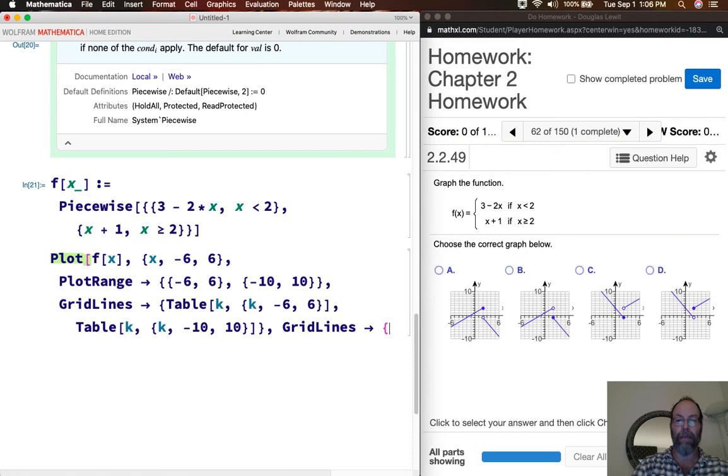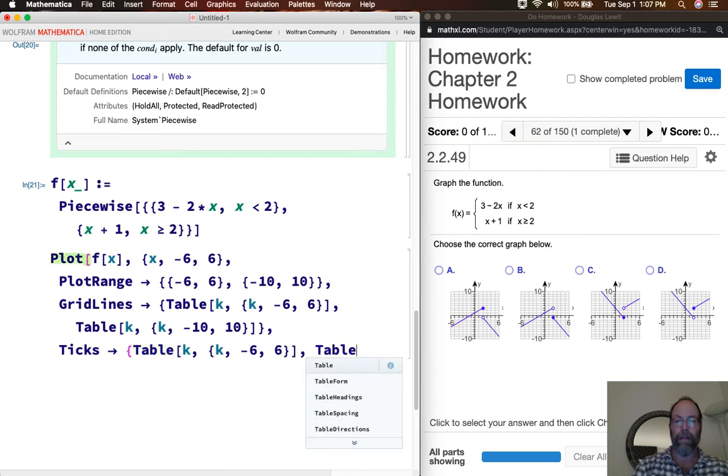Oh, what am I doing here? Hold on one second. I'm just repeating myself. And for ticks, we'll just do the same thing that we did for the grid lines: -6 to 6, and -10 to +10.